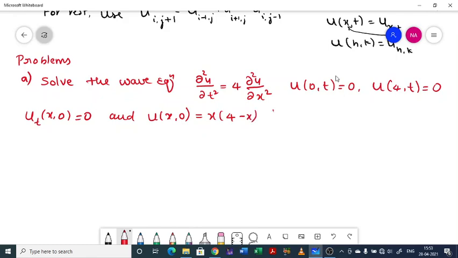By taking h equal to 1, k equal to 0.5, up to 4 steps.